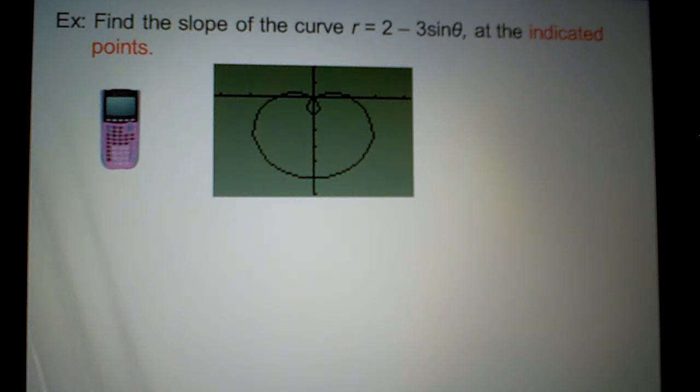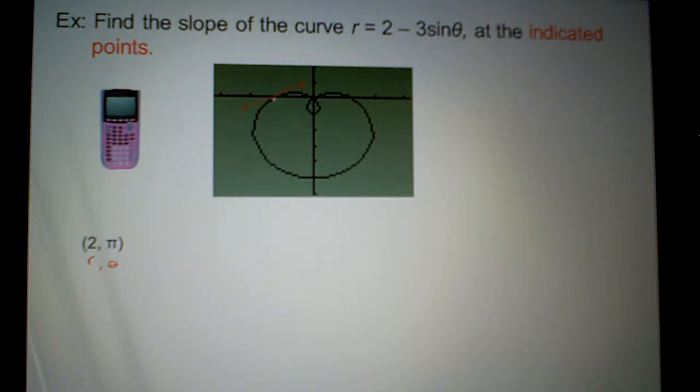So if I want you to find me the slope of the curve at that indicated point, I have to know that this is r, 2 is r, and theta is pi, and that's why I plugged pi in.